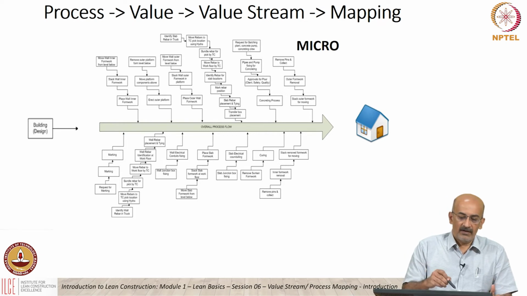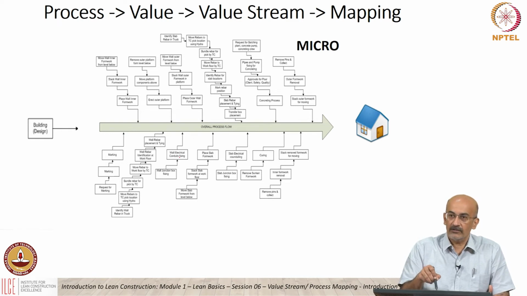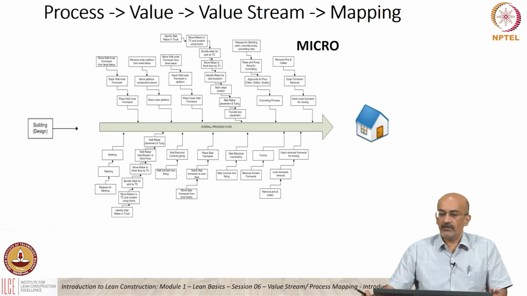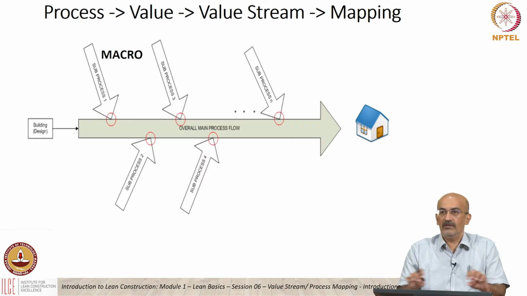For example, this is at a very detailed level. This talks about wall, formwork, reinforcement. All of these micro level processes contribute to the fact that design can be transformed into a constructed physical construction.